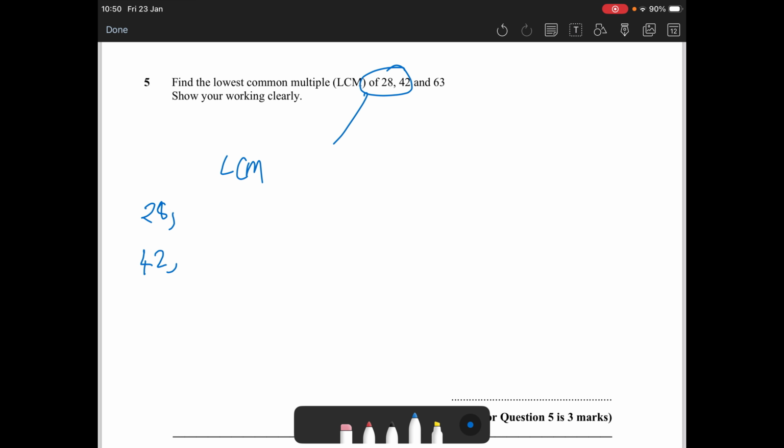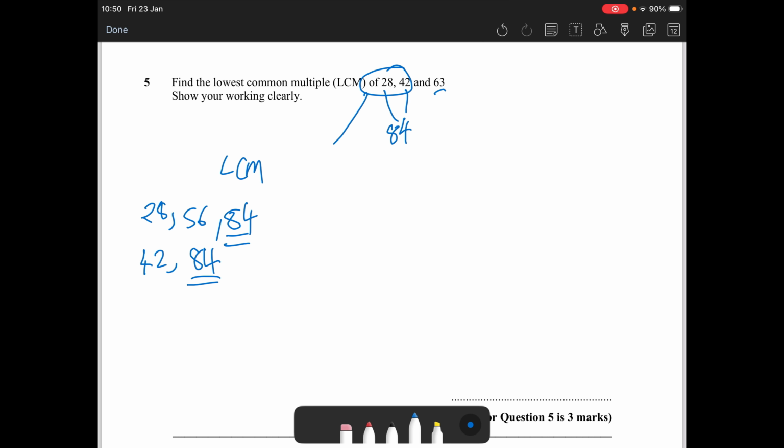It is a bit more formalized, but for performance purposes, I'm just going to do my 28 times tables. So it would be 56 next. 84. All right, I think 84 is the second number in this times table. So we know that the LCM of these two numbers is 84.